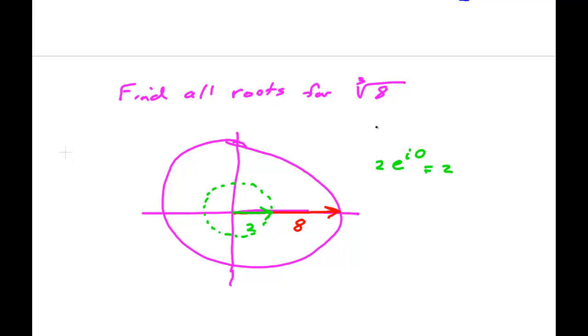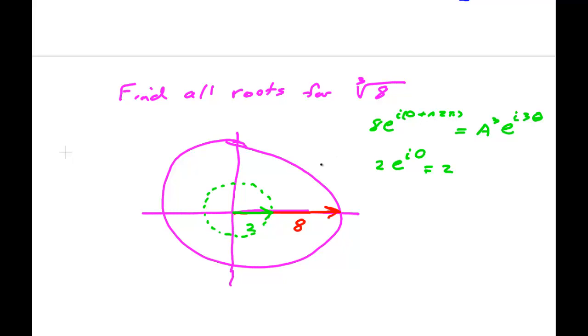But back when we started this problem, we had 8e to the I 0 plus n 2 pi, and that was equal to some number cubed times e to the I 3 theta. So when we take this, we're going to divide this n 2 pi by 3.